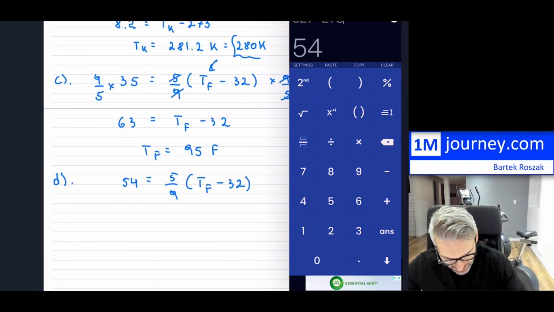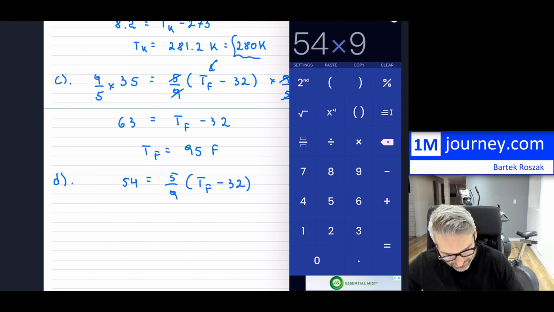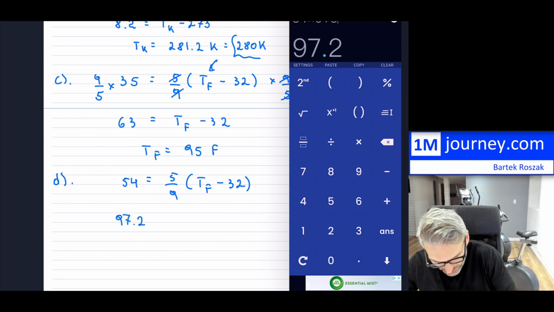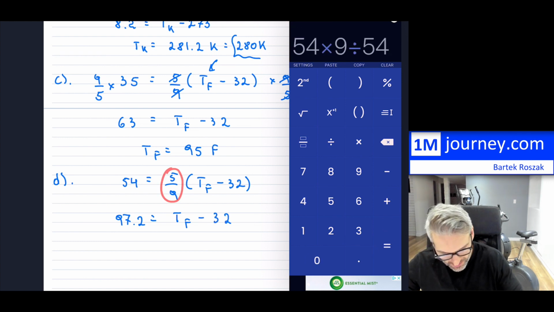All right, so that means I can take my 54 and multiply it by 9, divided by 5. So we'll get this, which is 97.2 equals TF minus 32. So all I have done is I basically multiplied both sides by this.